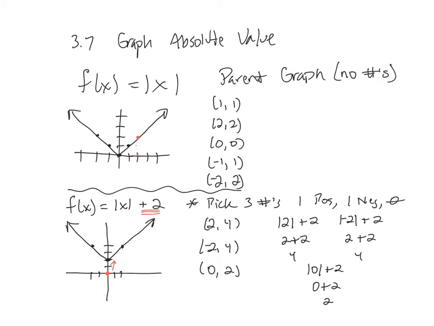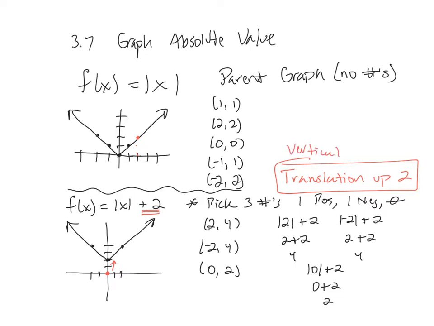So what you're going to have to do on the first set of problems is graph, and then also describe the transformation. So this one is a translation up 2. I think it actually says vertical in the book, so the formal name is vertical translation up 2.